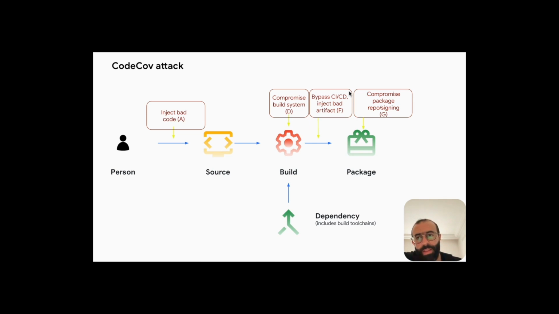The second attack that you may have seen was in 2021, where attackers breached Codecov, a code coverage reporting tool used by numerous developers. They altered the Bash Uploader script, potentially exposing sensitive credentials and data from Codecov customers. The red blocks here show where the attack surface was in the Codecov attack.